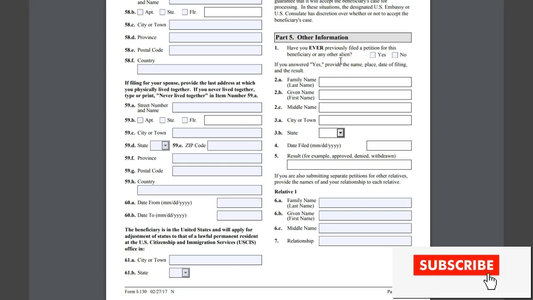So when they say any other alien, what they mean is they want to know if you petitioned for other immigrants to come to the United States. They're talking about immigrant visas, not non-immigrant. So USCIS wants to know if you have petitioned for other immigrants to come to the United States.